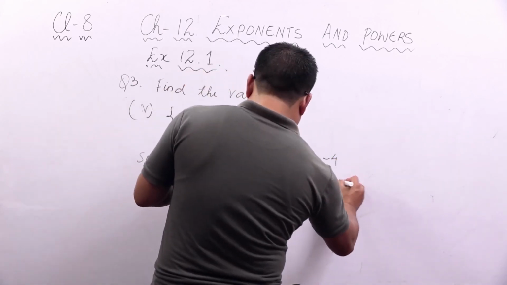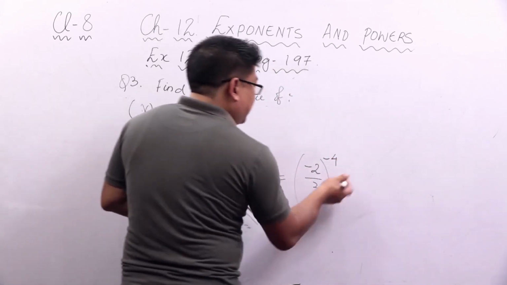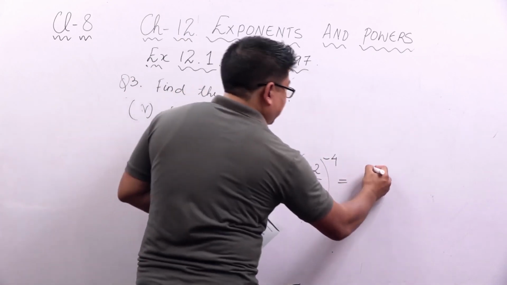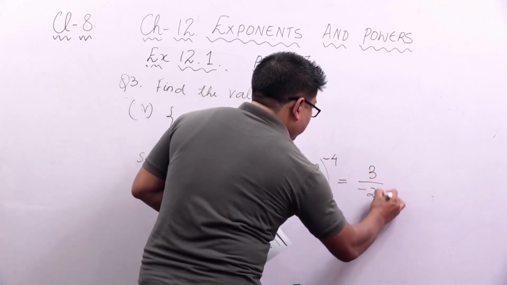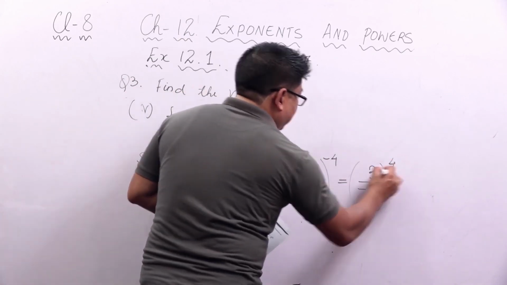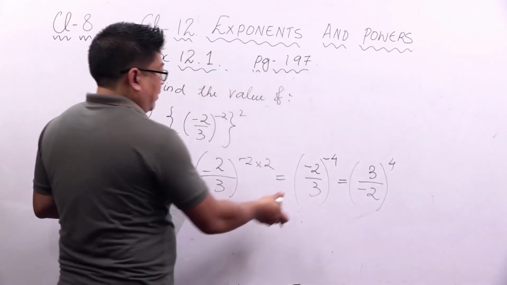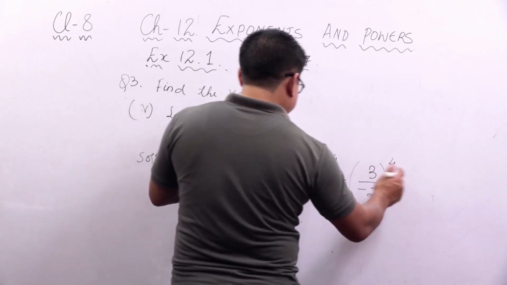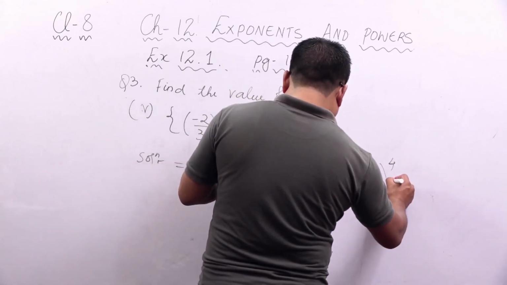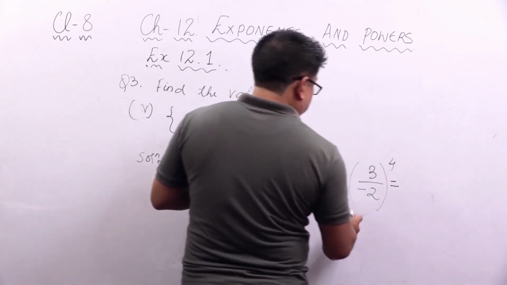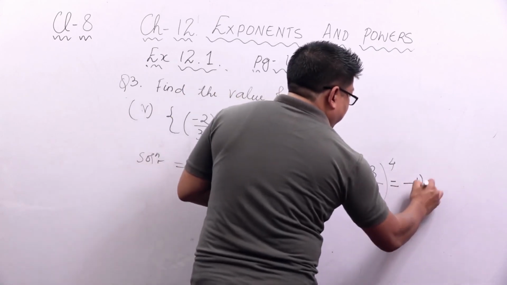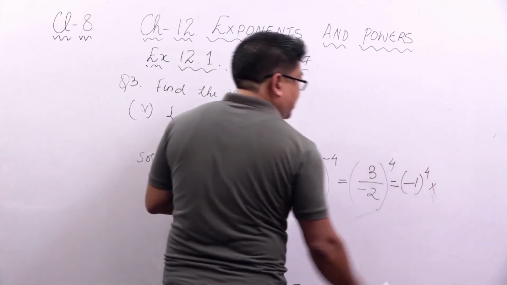After this, to remove this minus, you simply change the places. 3 by minus 2, and automatically this minus will disappear. Okay? All right? This is changing places, and this minus I will take outside. I will multiply it 4 times. Okay?